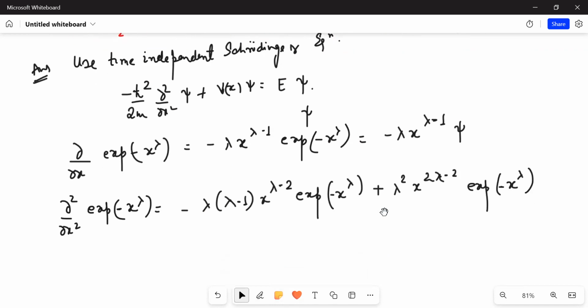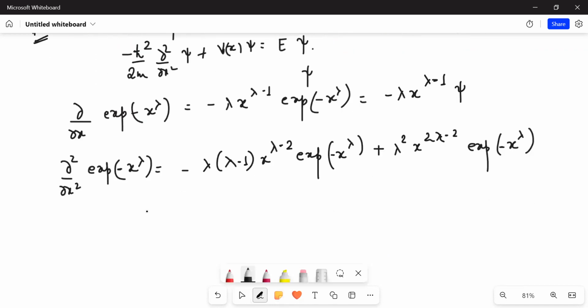So I know that this is the second derivative of the wave function exponential minus x raised to power λ.